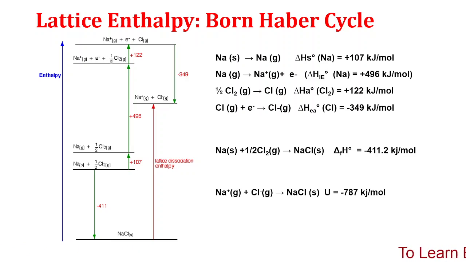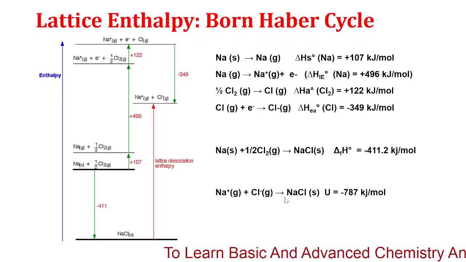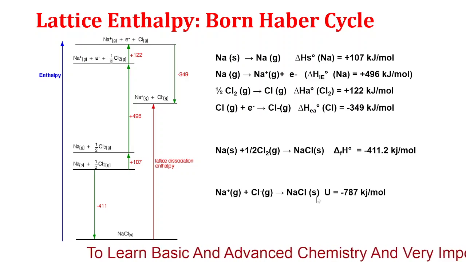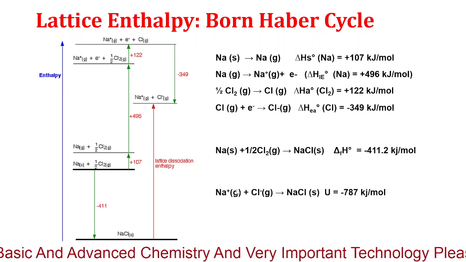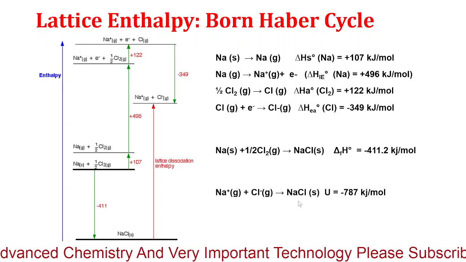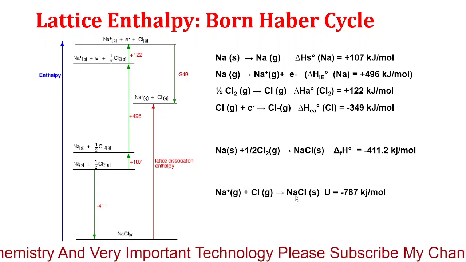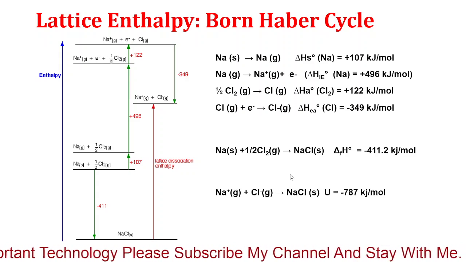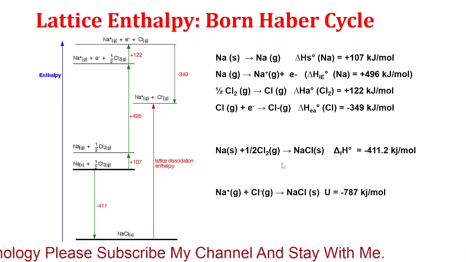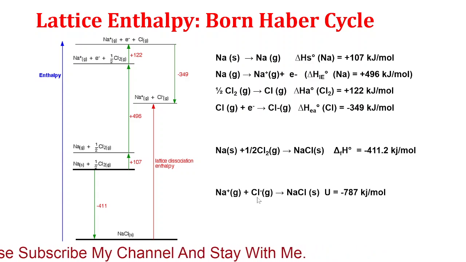Now we are coming to our point, the lattice enthalpy. That means when one lattice is formed, from what? From its elemental ions. So if you want to prepare sodium chloride, or potassium chloride, in that case you need potassium ions and chloride ions.